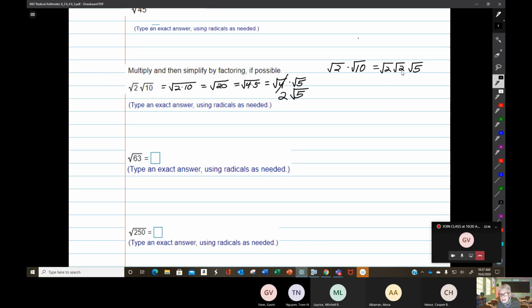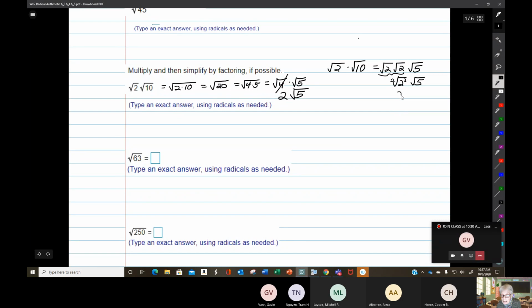And look at that. The square root of 2 times the square root of 2 is the square root of 2 squared, which is 4, times the square root of 5. If you take the square root of something squared, you're going to do this to it. There's a hidden index 2.